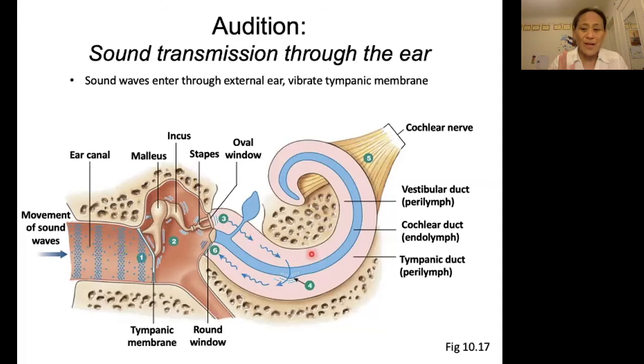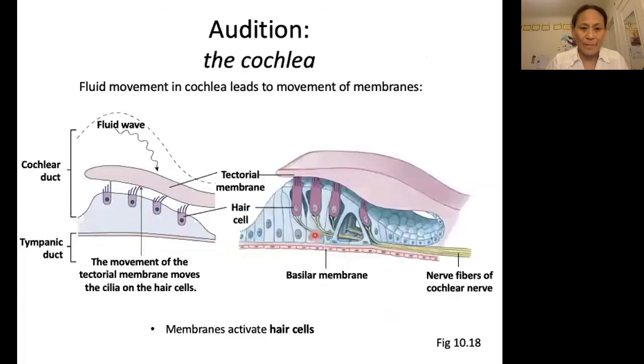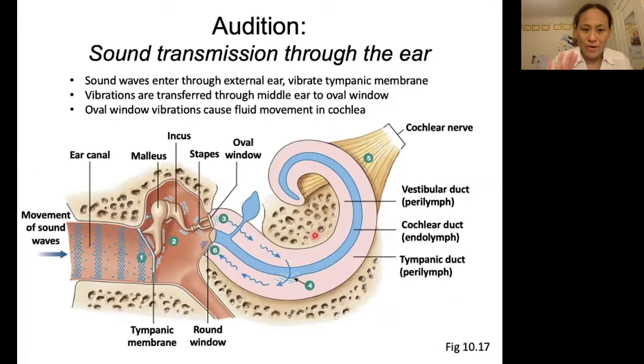All right, so now let's take a look at what happens within the cochlea. To do this, I want you to imagine that we are taking a cross section like this through the cochlea, okay? And then we're going to turn it 90 degrees towards us. If we do that and look at the bottom of this blue part right here, there's this duct called the cochlear duct.